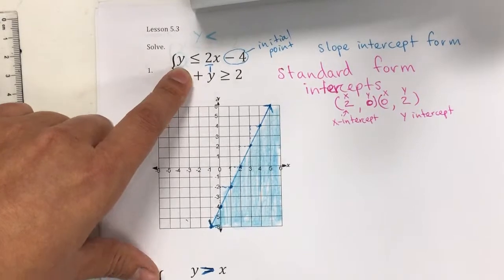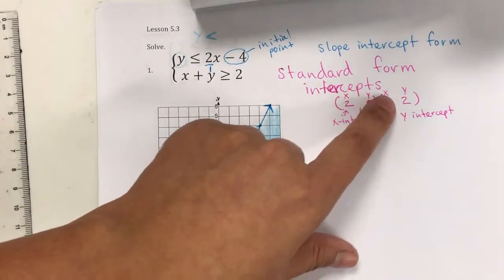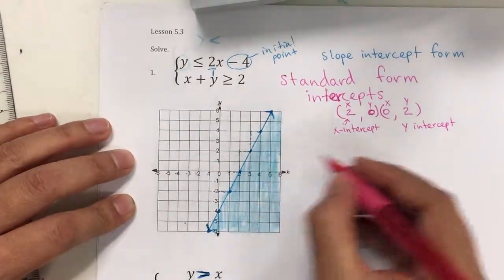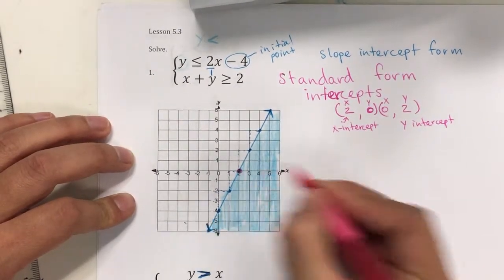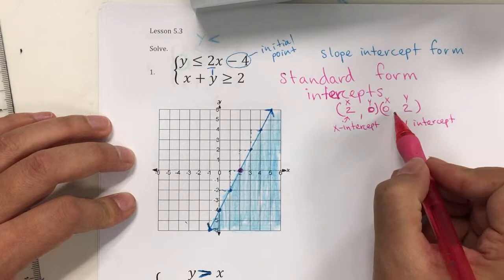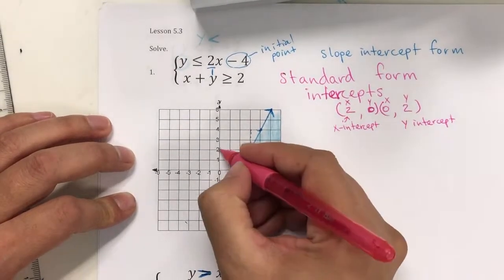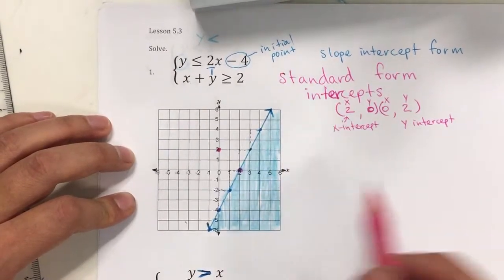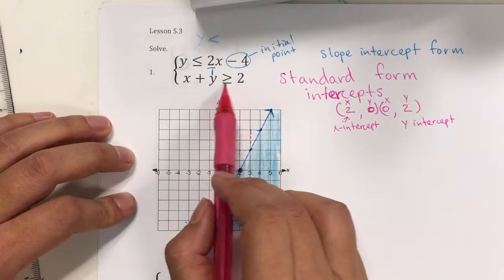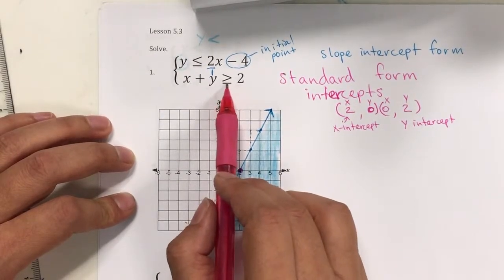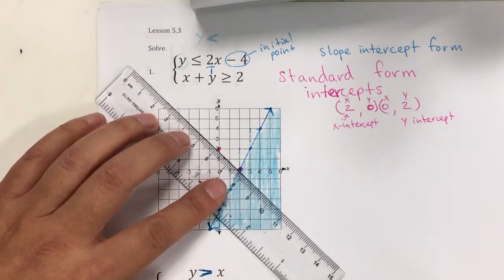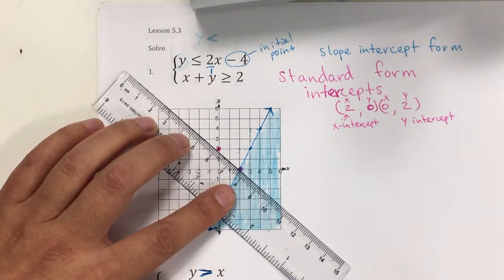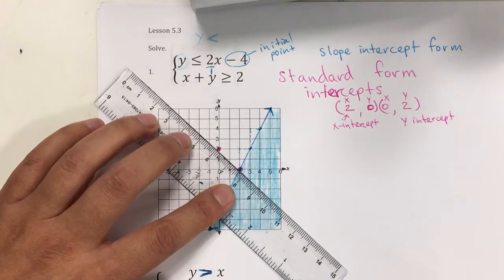So now I have my 2 points, my 2 intercepts. It's going to be 2, 0. It's right here. And my y-intercept is 0, 2. So it's right here. I look at my line and I see that because of this equal sign, this will be a solid line.